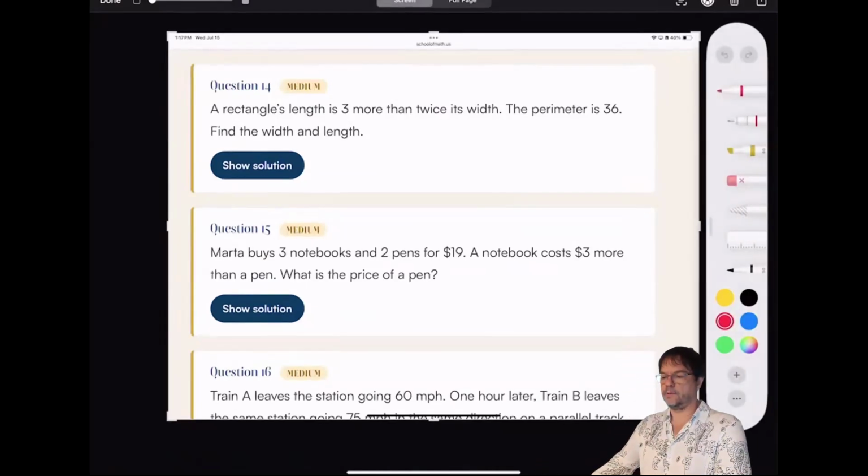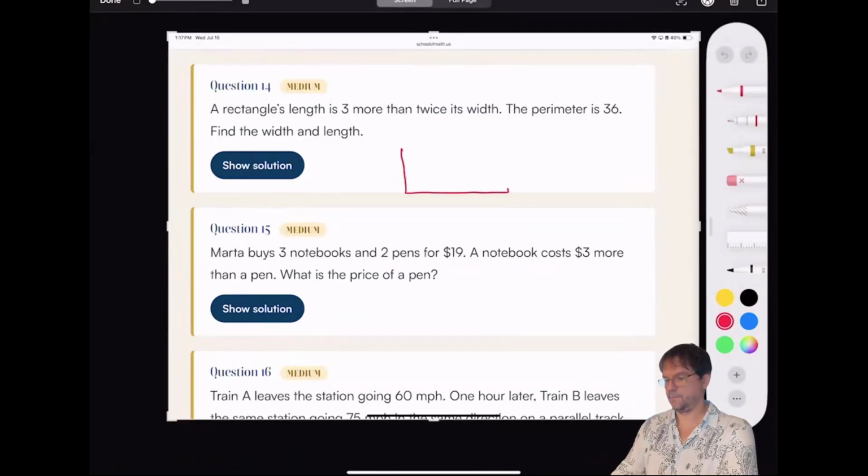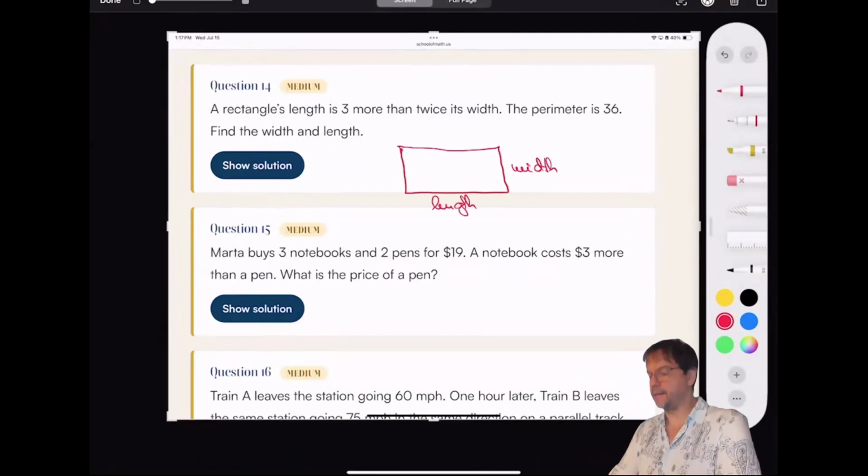A rectangle's length is 3 more than twice its width. Let's suppose the width is x.